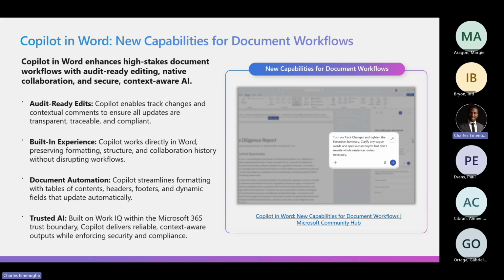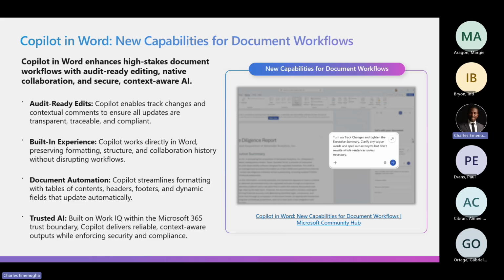So you remember, if you're collaborating on a document, Gabriella has sent a file to Margie and to Inti and Paul, right? And she wants to make sure that her edits or any edits that these individuals make can be seen. So if you're using Copilot, you can have Copilot turn on track changes so that any edits that somebody else is making, or using Copilot to perform edits as well, those edits are seen and can be tracked.